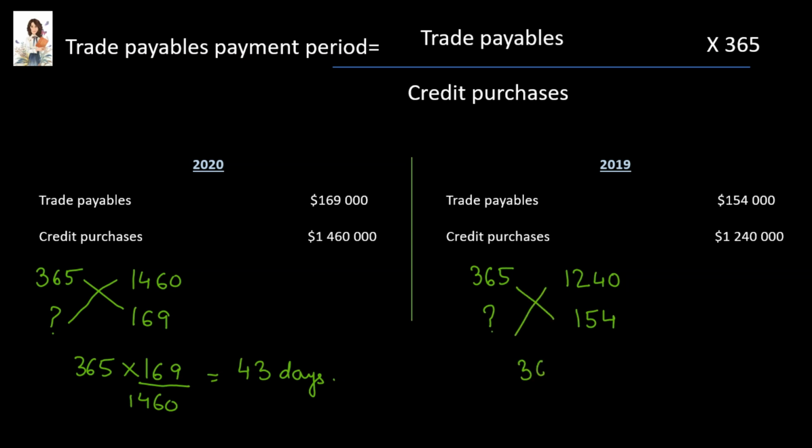It will be 365 into 154 upon 1240, and the answer is 46 days. So we see that the trade payable payment period has reduced from 2019 to 2020 by 3 days. The company is paying its trade payables sooner, and this may be a cause for investigation.